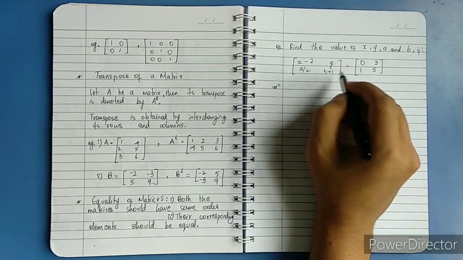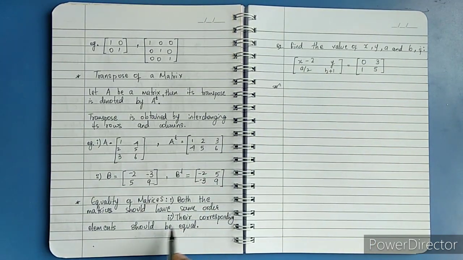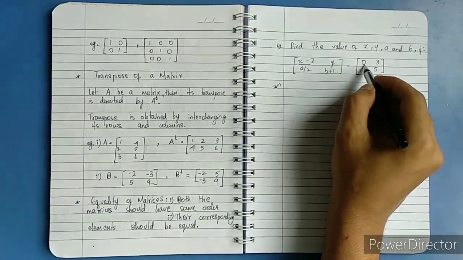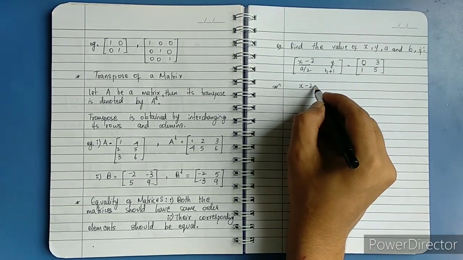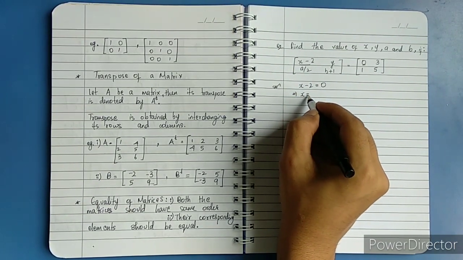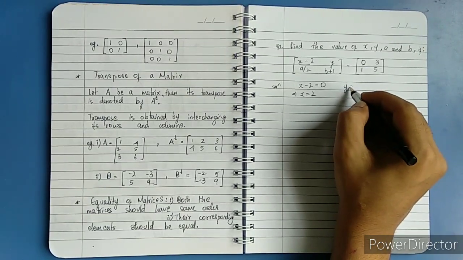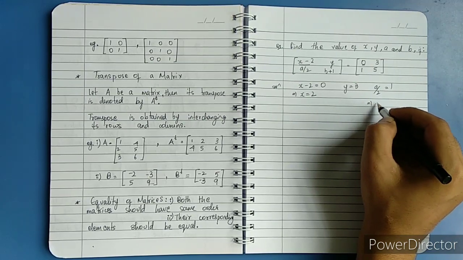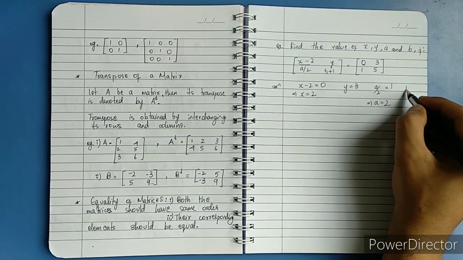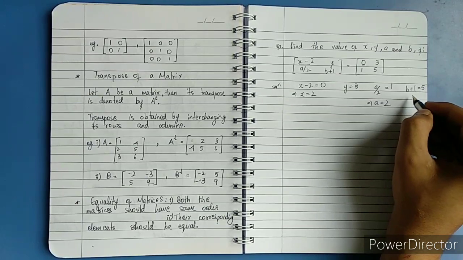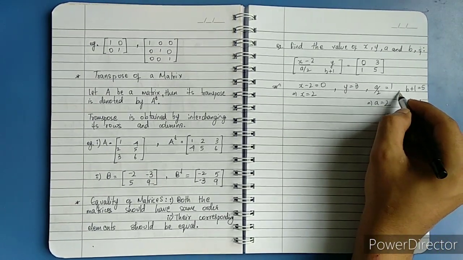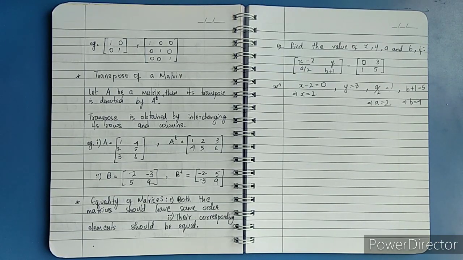They are given to us as equal. So their corresponding elements should be equal. So x minus 2 will be equal to 0. From this we get x equals 2. Second, y will be equal to 3. Third, a by 2 is equal to 1, which implies a is equal to 2. And fourth, b plus 1 will be equal to 5, which implies b is equal to 4. So this is how we solve questions for equality of matrices.